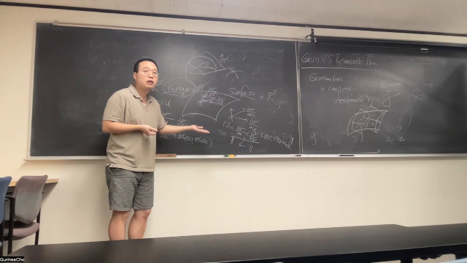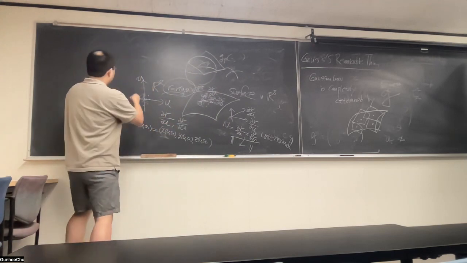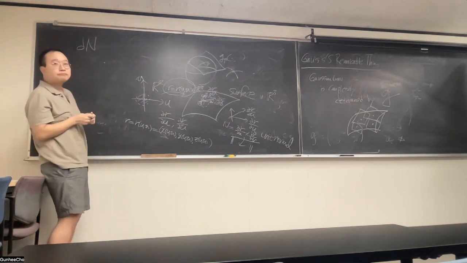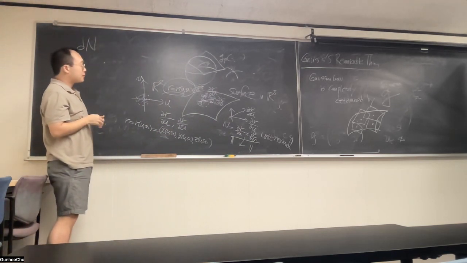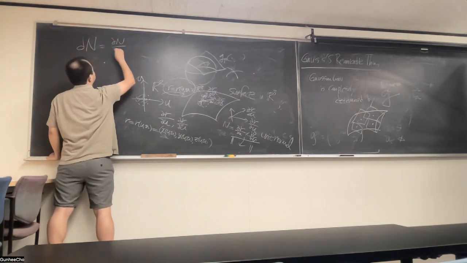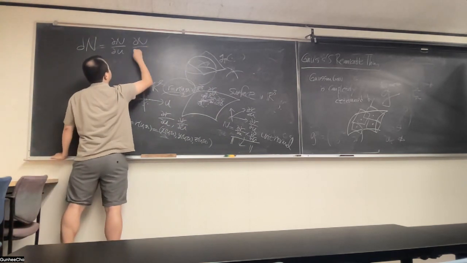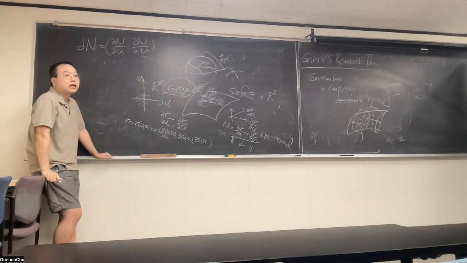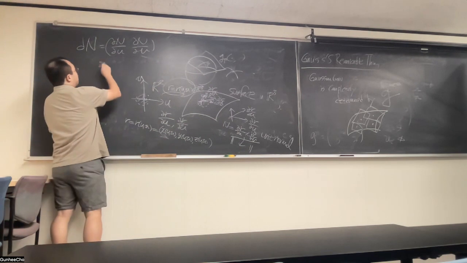Do you agree? Then what I will do is I will simply take the so-called Jacobian. So this just means I will simply take this guy. Okay, and this becomes the 2x2 matrix.